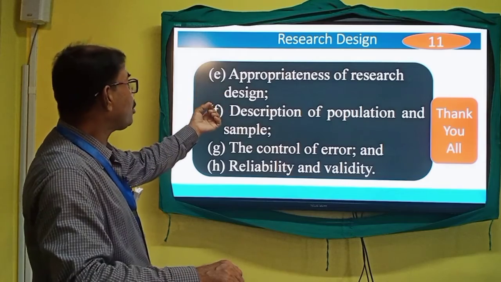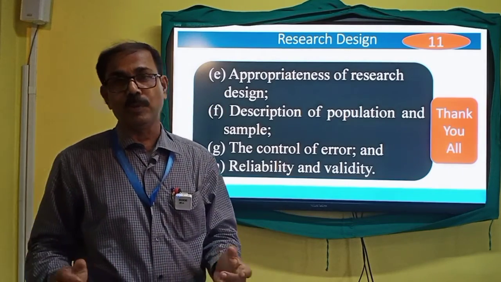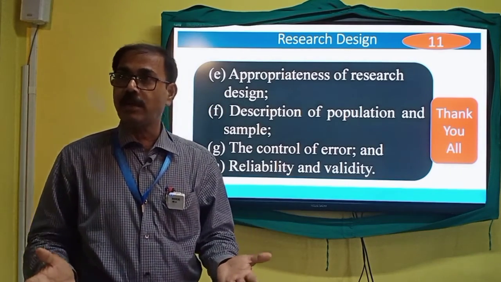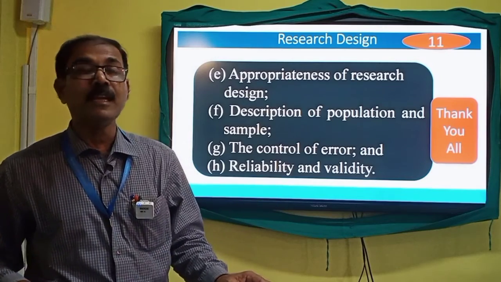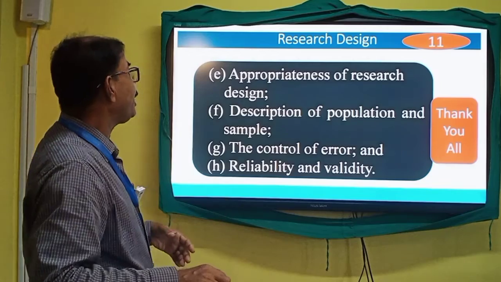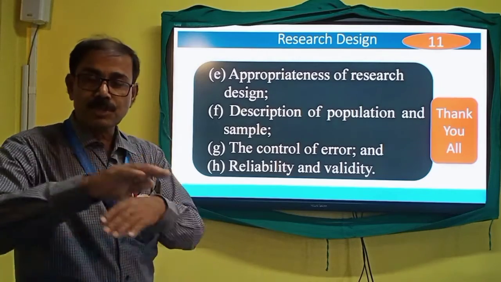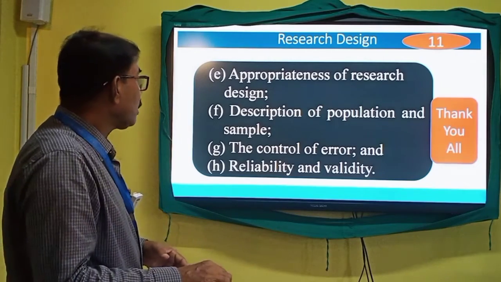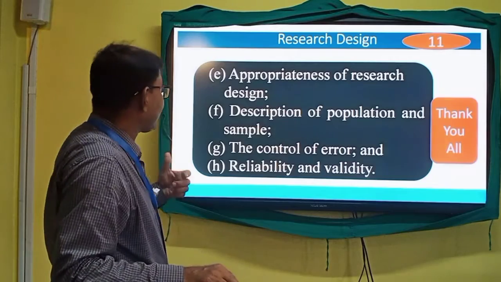Appropriateness of research design is very much important. If the research design is not appropriate for your own study, then you will face many problems, and that is to be specified in a proper way before starting the process of research.